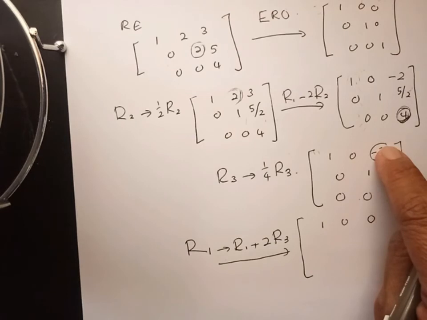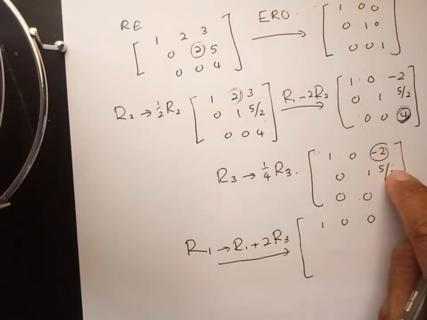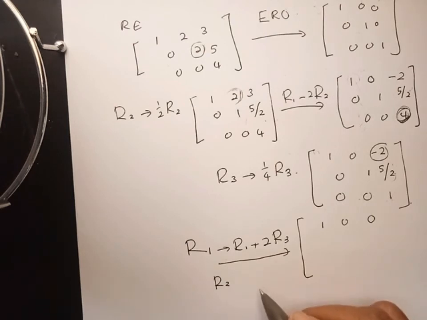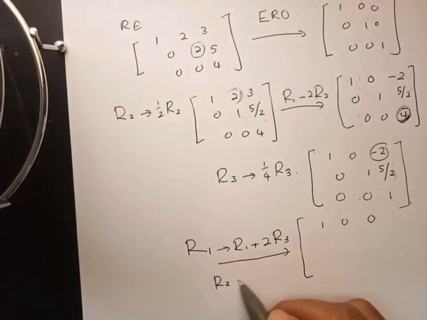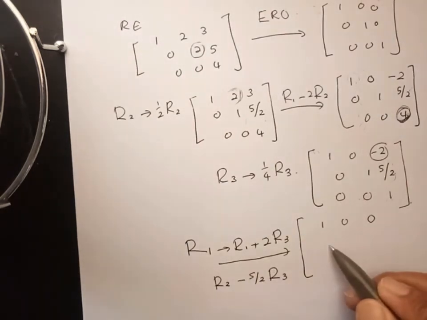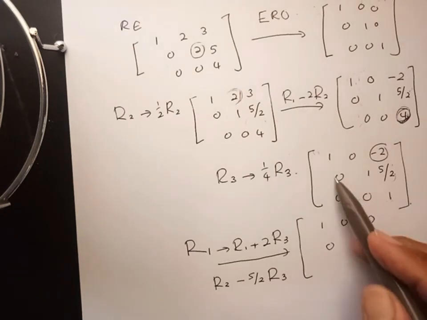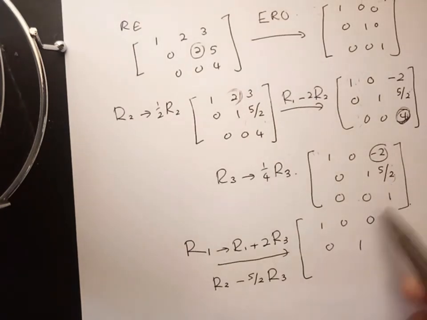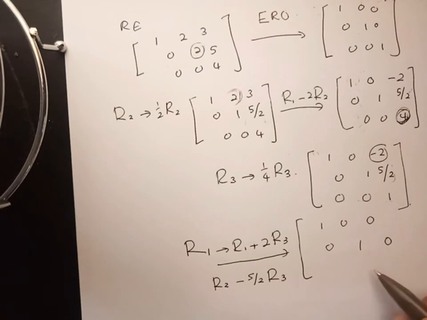Row 2 minus 5 over 2 times row 3. So this is 0, this is 1, and here 5 over 2 minus 5 over 2 makes 0, and here is 0, 0, 1.